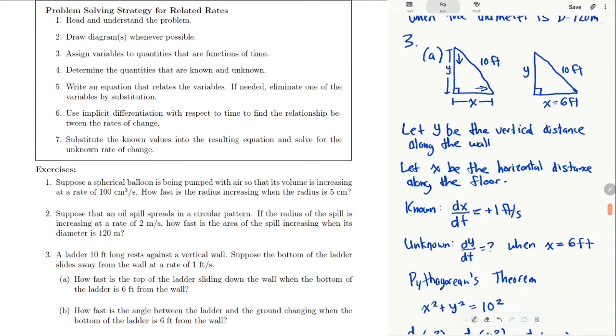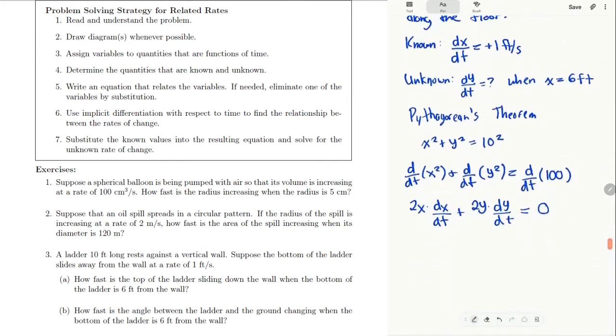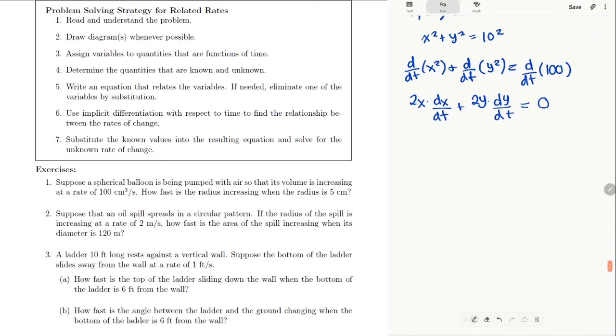Okay, so we can solve for y in this triangle by using Pythagorean's theorem. So the moment when x is 6 feet, Pythagorean theorem says that y squared plus 6 squared is equal to 10 squared.